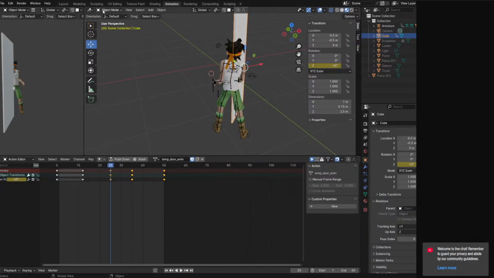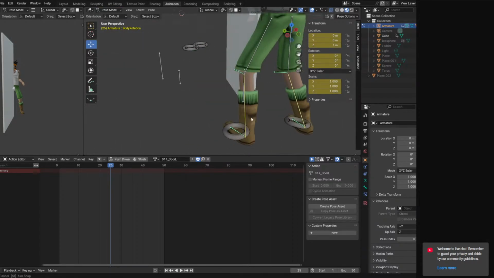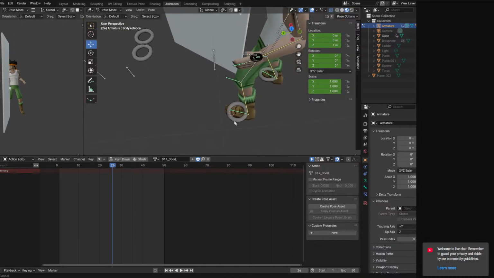All right, that looks good. Now I just need to get his footwork ready or done properly. Okay, so he starts moving around here.